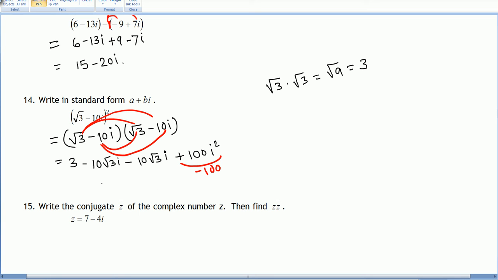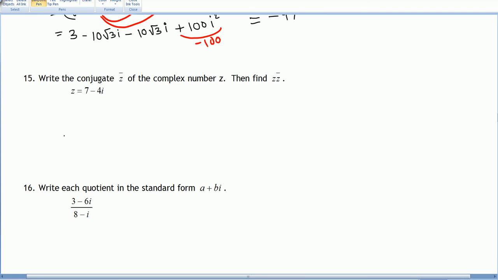Now we get 3 minus 100, that's negative 97. In the middle, negative 10 root 3 i minus 10 root 3 i. So how many of them? Minus 10 minus 10, so minus 20 root 3 i. Okay, so this is a plus bi form.